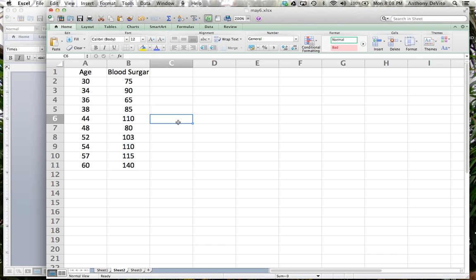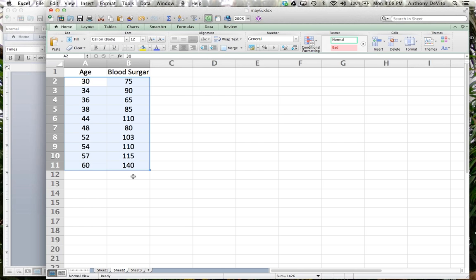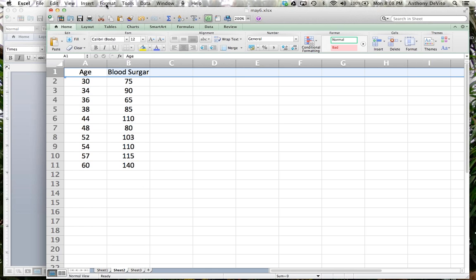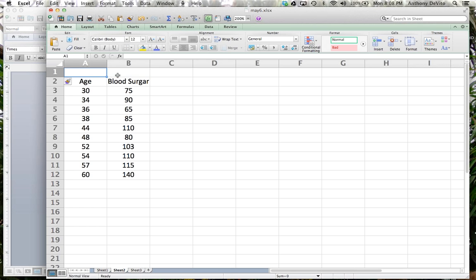So one of the ways that might be my first approach to seeing if there's some kind of association between these two variables is to plot them graphically. One of the ways I may look at this is I'm going to insert a row over here. I may look at this as two associated values, an x value and a y value, and I might plot this on a graph, for instance.